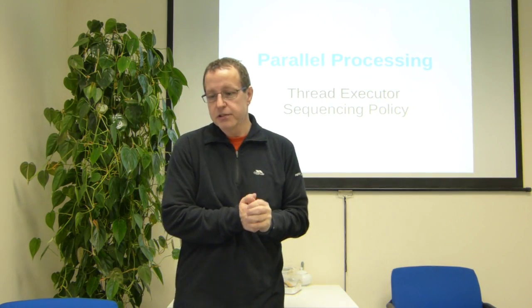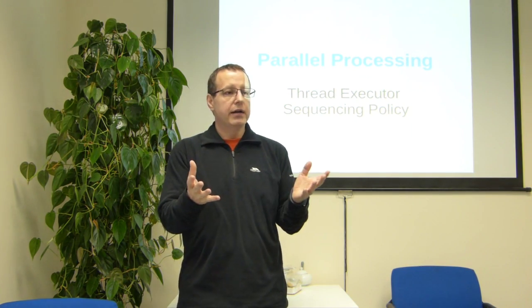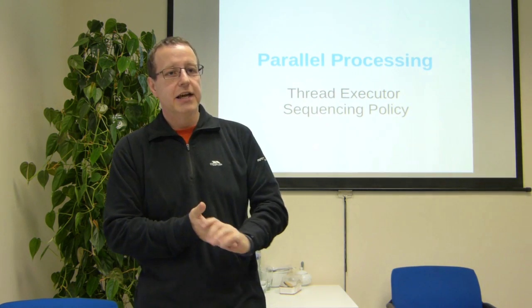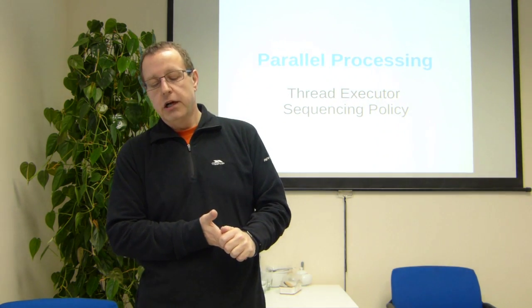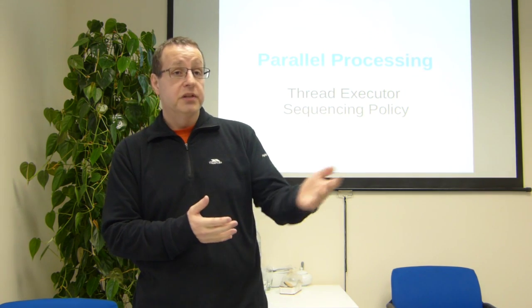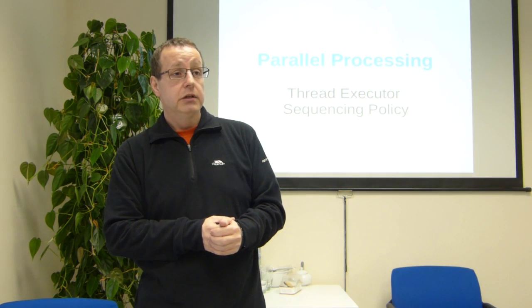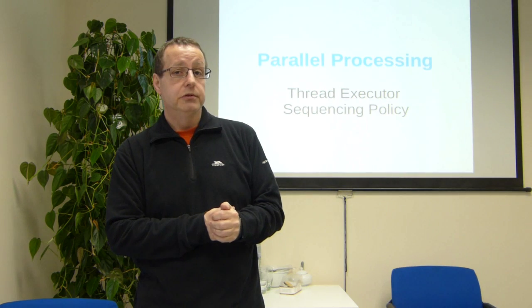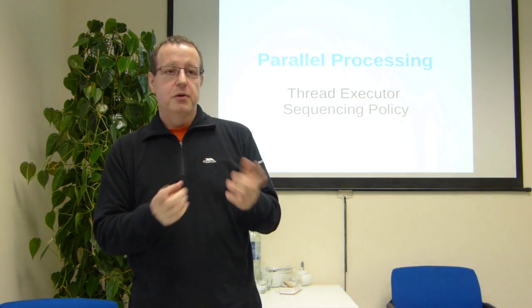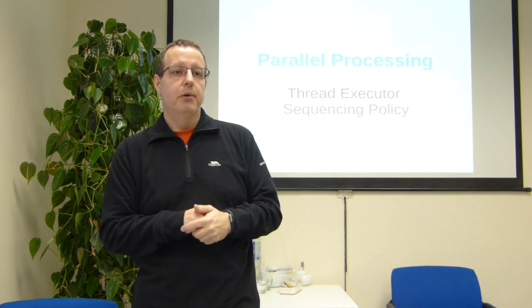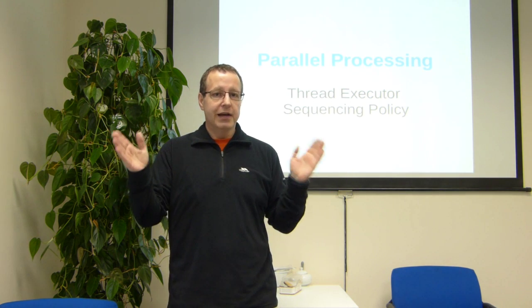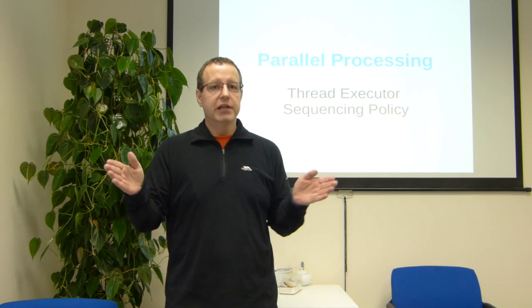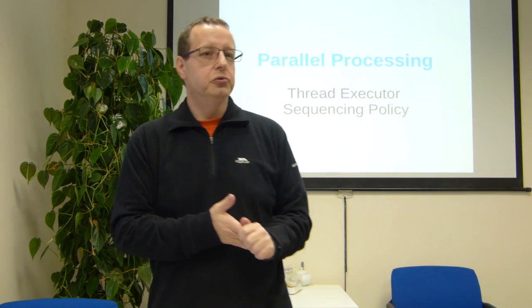So parallel processing. This is where you want to actually get that extra throughput, run the event handling in parallel. All you need to do is provide it a thread executor, and it will go and do that on multiple threads for you. The thing you have to be aware of is what the sequencing policy is. So sometimes you're just happy that events happen in any order, you don't really care, but probably you do.